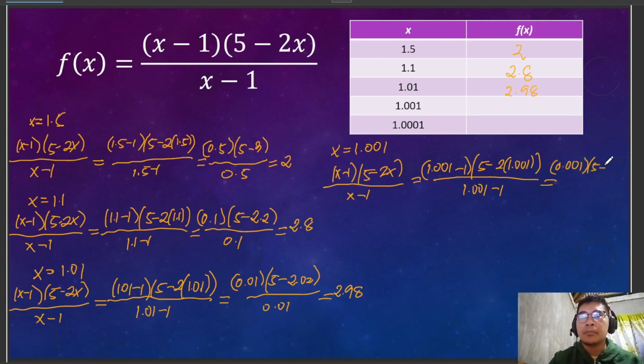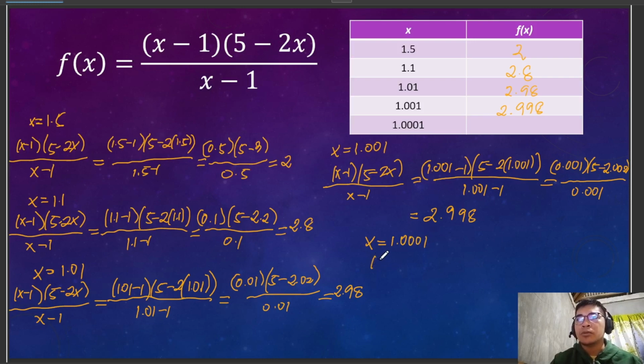Then 5 minus 2 times 1.001, that is 2.002, all over 0.001. So what is the final answer? The 0.001 and 0.001 cancel, that is 1. 5 minus 2.002, so that is 2.998. So here, 2.998.